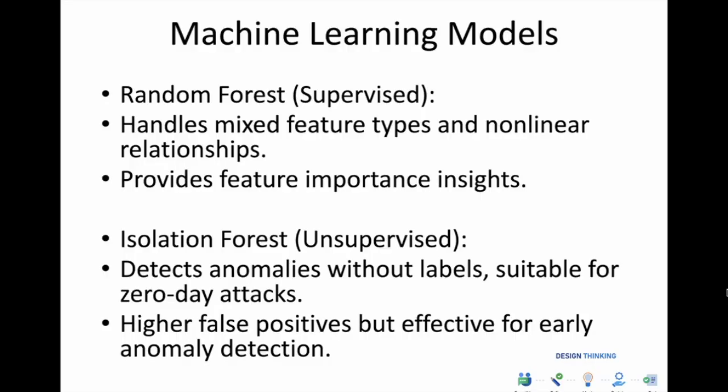It looks for anomalies, even ones that have never been seen before, which is out of the ordinary. They are different models, but both have their purposes, and together they cover both known and new attack types. These were important for our project.